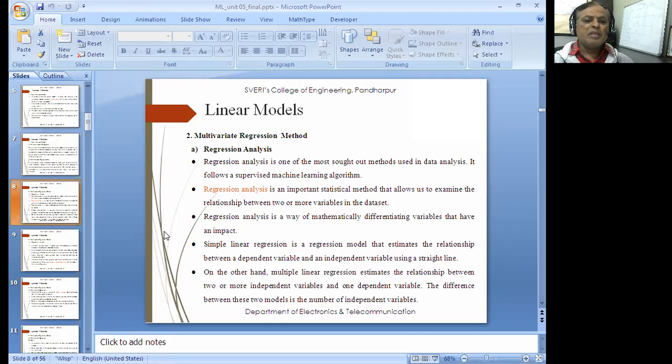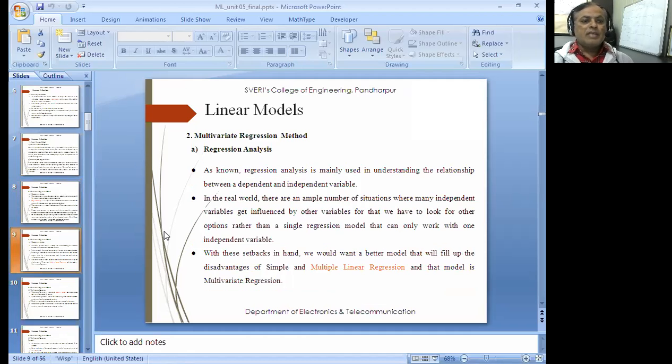Simple linear regression estimates the relationship between a dependent variable and an independent variable using a straight line. Whereas, multiple linear regression gives the relationship between two or more independent variables and one dependent variable. This is the most important line if you study the regression methods.